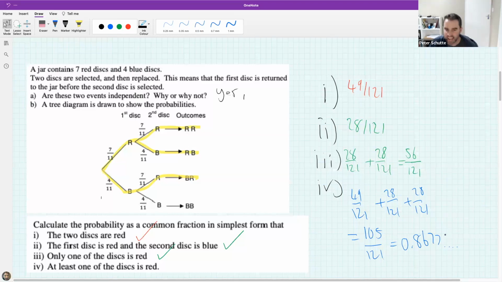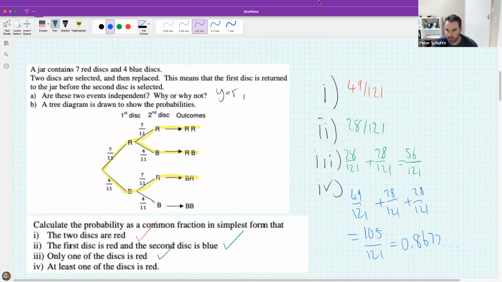So there is an 86% or 86.77% chance that you will get a red as one of the discs that you're drawing.